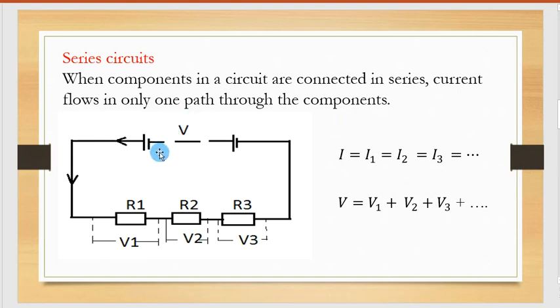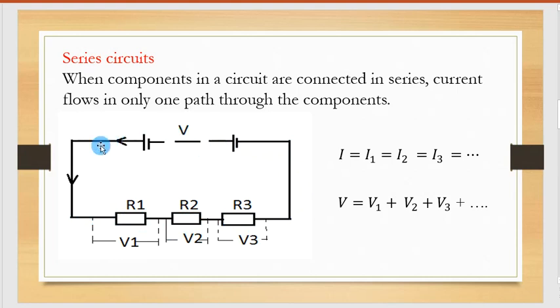So as you can see, this is a battery here, which provides an EMF given by the letter V, and the current originates from the positive terminal of the battery. As it originates from the battery, it will first pass through resistor 1, then the same current will pass through resistor 2, then it will pass through resistor 3, and then it will go back to the battery.